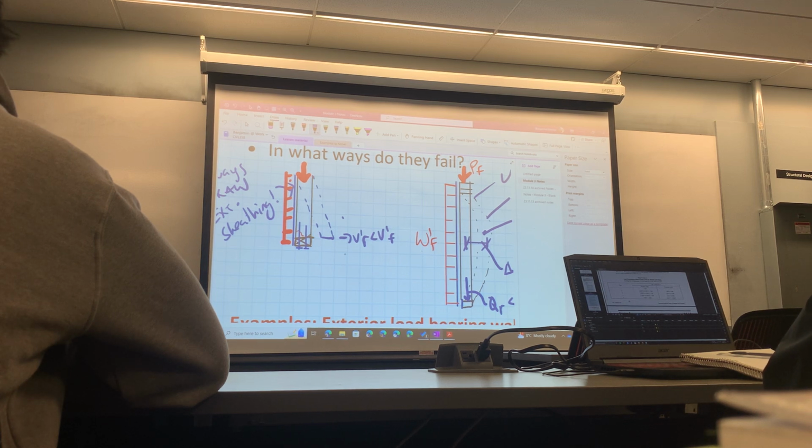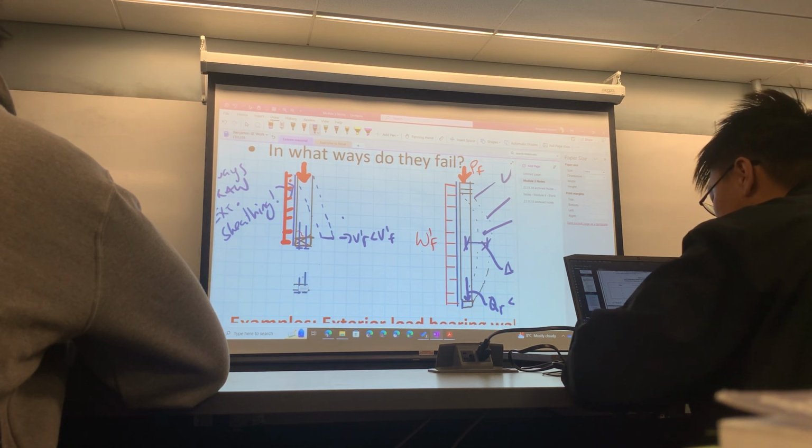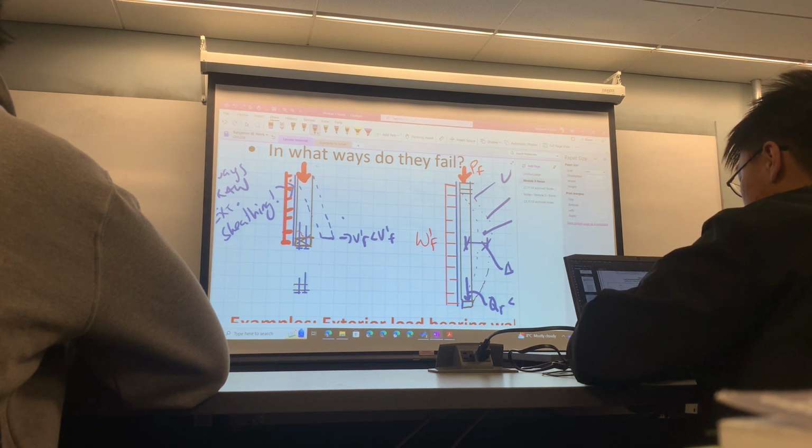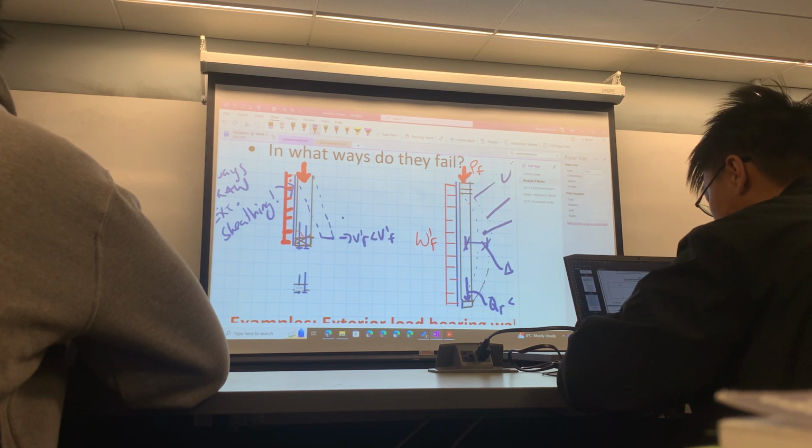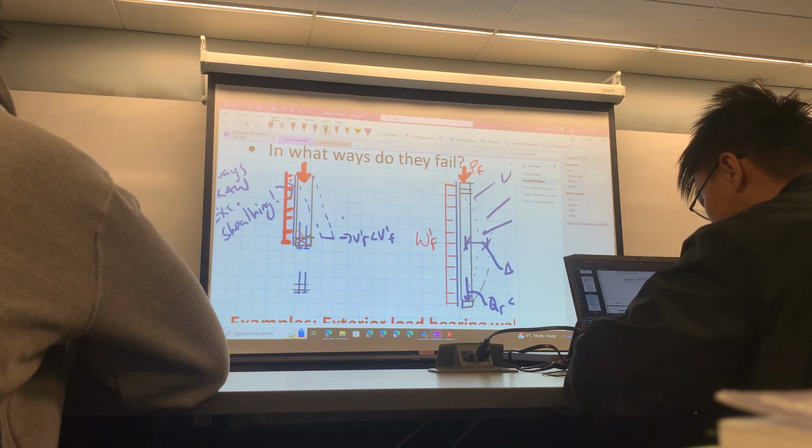If the nails get too long, okay, they're going to tend to bend.